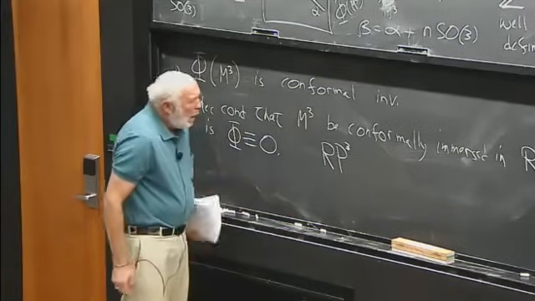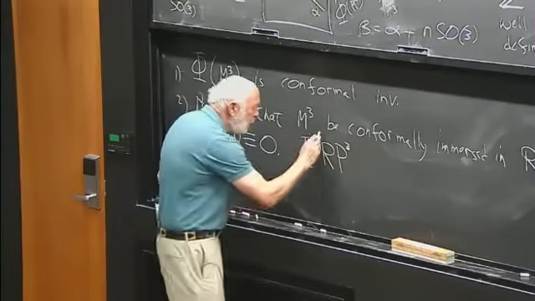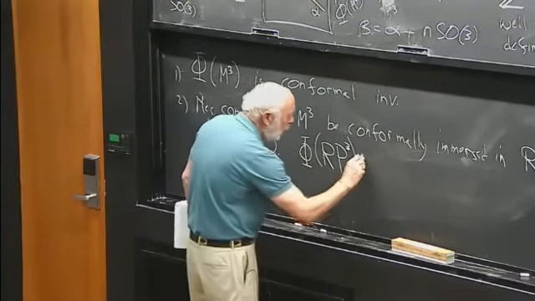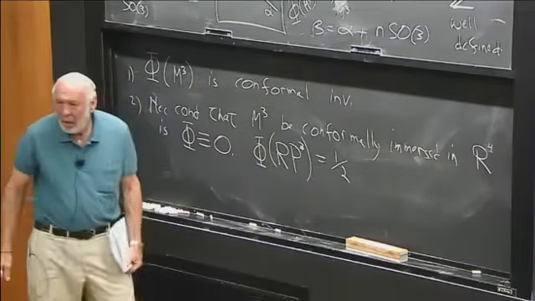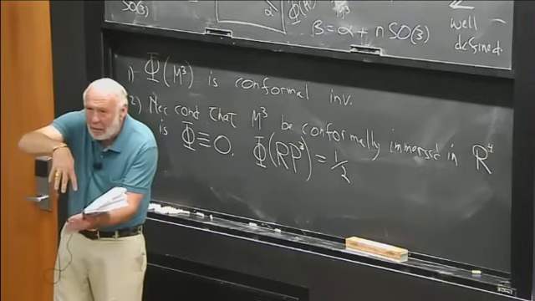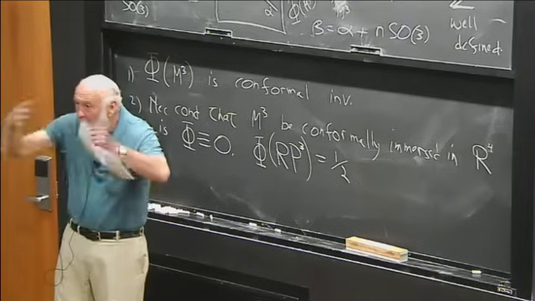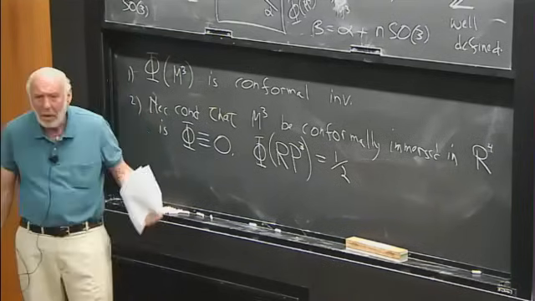Phi of RP3 with its usual metric is a half. So here's RP3. Locally, it just looks like the sphere. It can be locally isometrically embedded in R4. Globally, it can be immersed in R4 because every three-manifold can, but isometrically or even conformally, you can't do it.